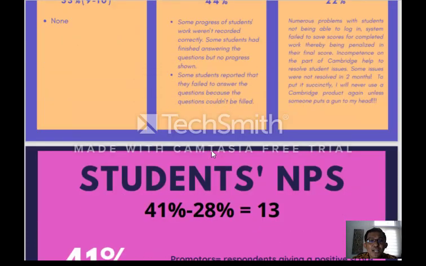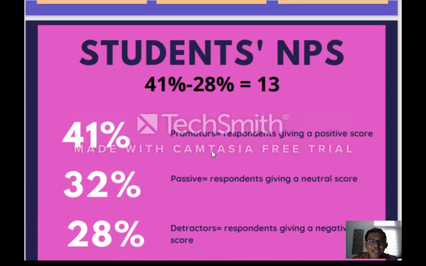And now let me explain the students' NPS. So the students' NPS is 13. As you can see here, 41% belong to promoters, so they gave a positive response for this campus LMS, and 32% gave a neutral score, and 28% gave a negative score.